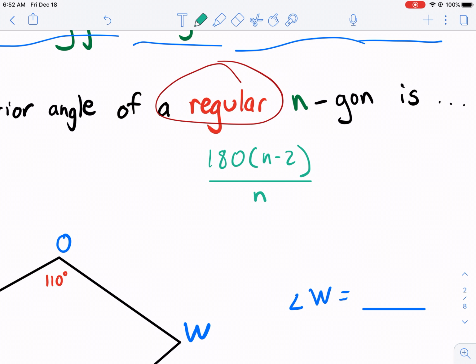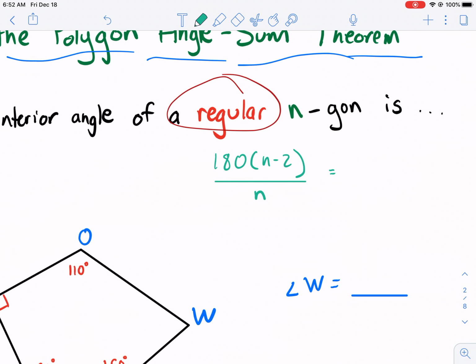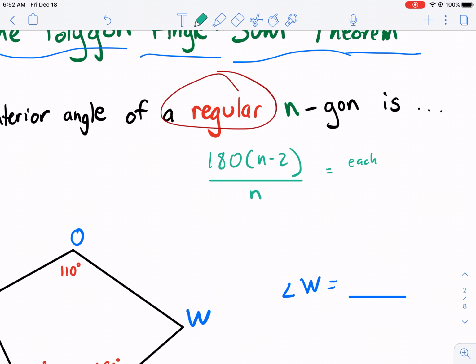And this is going to equal each regular polygon's angle. And there's this formula for us now. Let's highlight it in gold, make it look important. There we go.